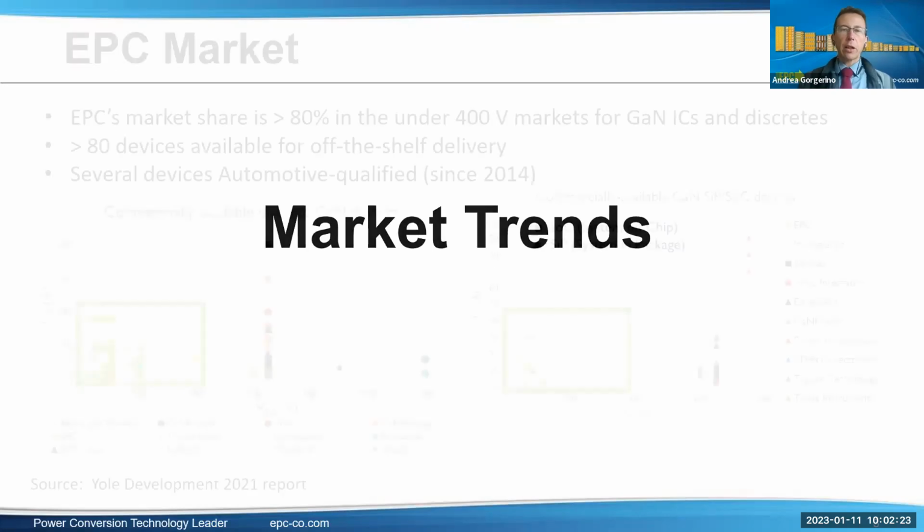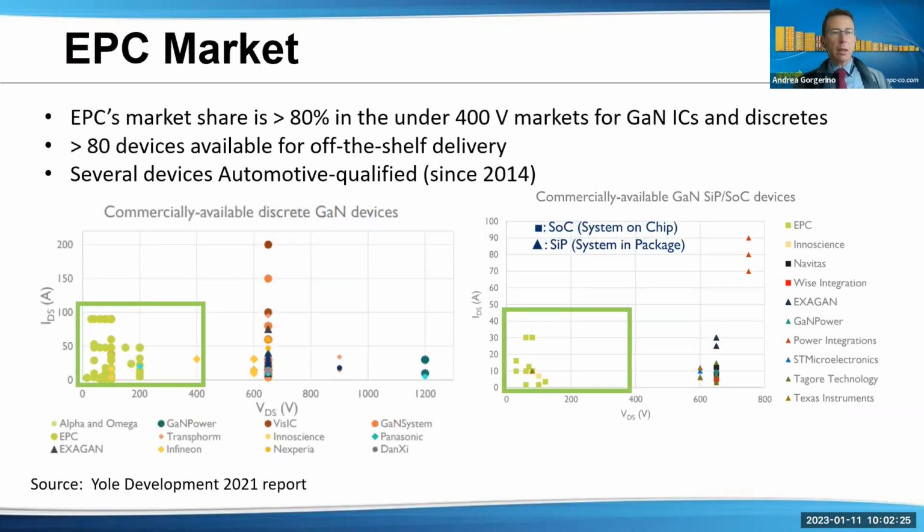So first, the market trends, to give you a little bit of background on EPC. EPC is a leader in GaN semiconductors. We have a market share of over 80% in our market, which is basically under 400 volt devices for IC and discretes. You can see here the two charts: on the left-hand side is the discrete current ratings versus voltage classes, and on the right-hand side is the same for IC.